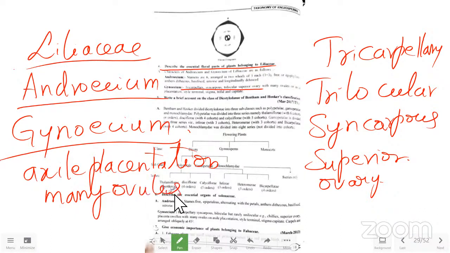Many ovules with axile placentation. And the style is terminal, stigma is capitate and trifid. Okay, these are the ones.